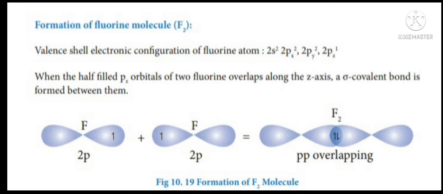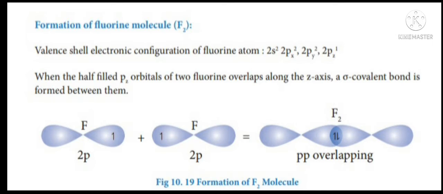Here, the valence shell electronic configuration of fluorine is 2s2, 2px2, 2py2, 2pz1. Here, two fluorine atoms contain one unpaired electron in their 2pz orbital.